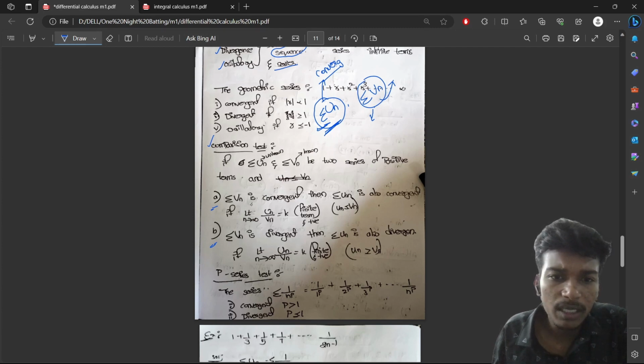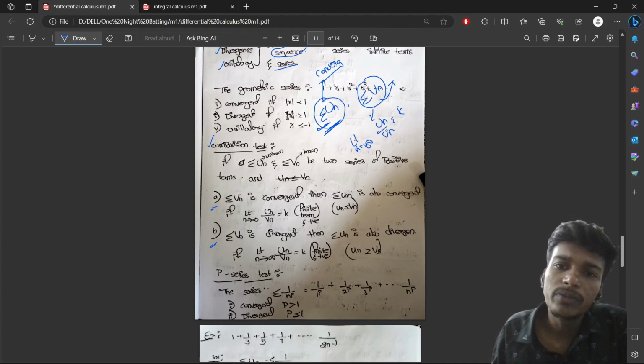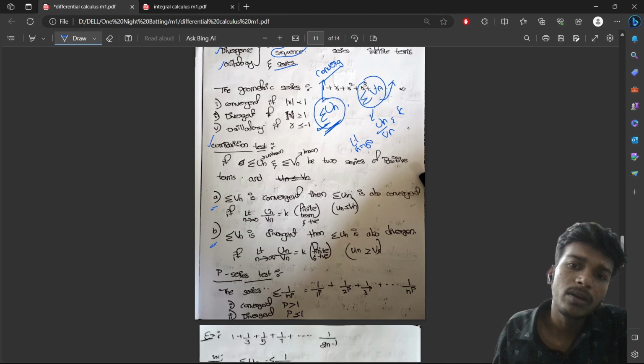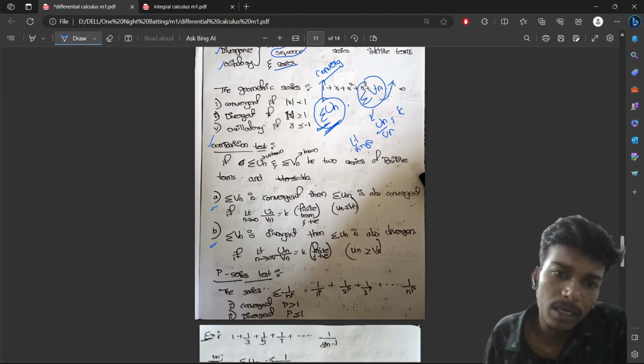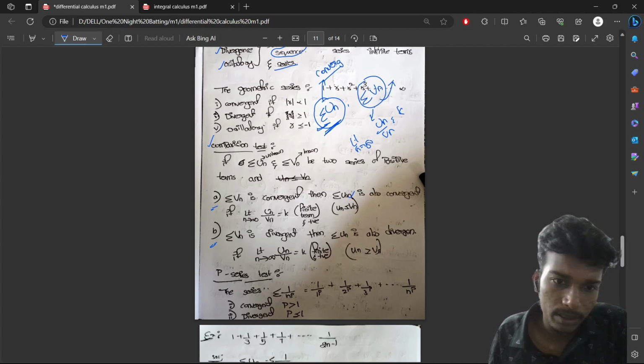If sigma vn is convergent, and limit n tends to infinity, un by vn is equal to some positive constant, then we can say that sigma un is also a convergent series.